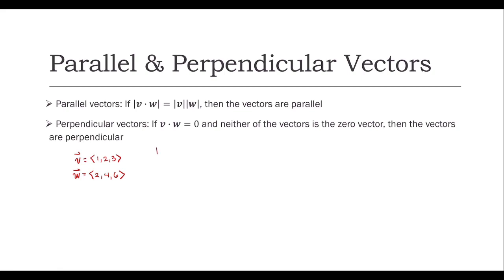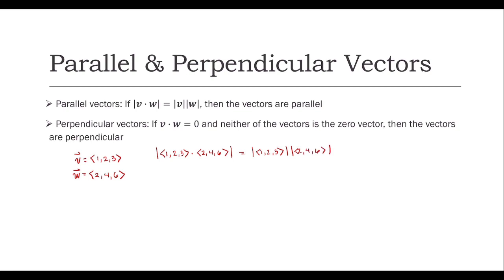We could find the magnitude of v dot w and see if that's equal to the magnitude of v times the magnitude of w.